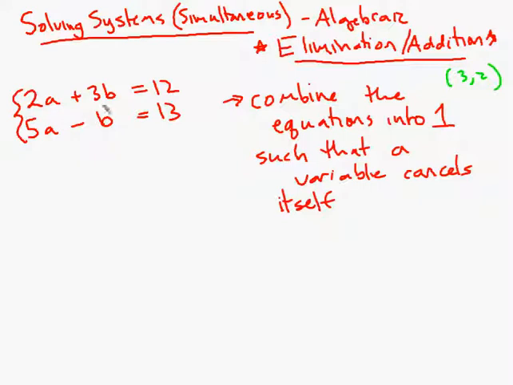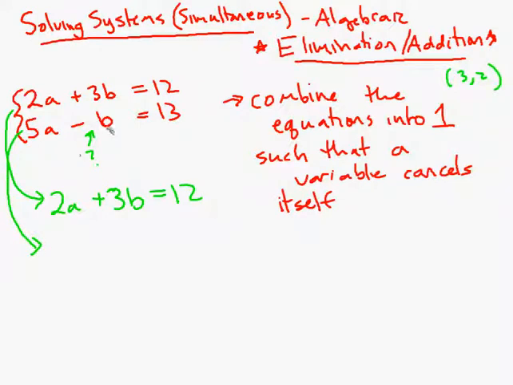And in order to cancel the b's, what do you think needs to be in front of here? A 3. So I'm going to take both of these and rewrite them. I don't need to do anything to the first one. But I'll take this second one and I need to multiply it by a 3 to get that. So 5 times 3 is 15.